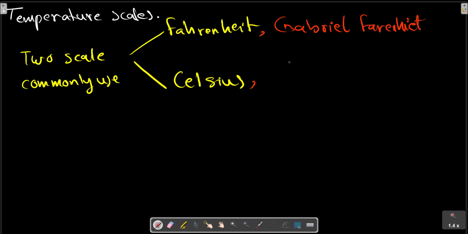The Celsius scale was formally called the centigrade scale also.